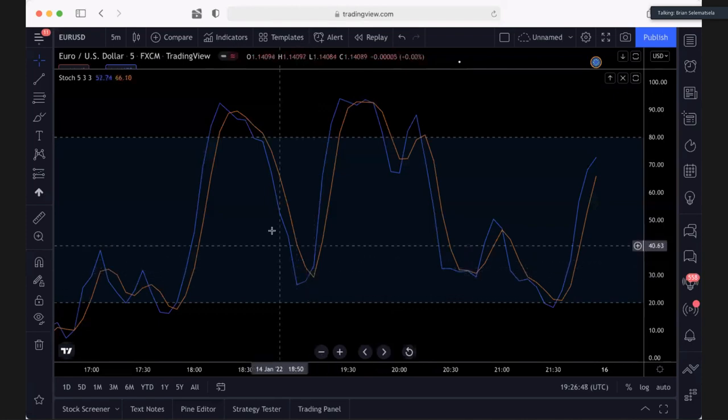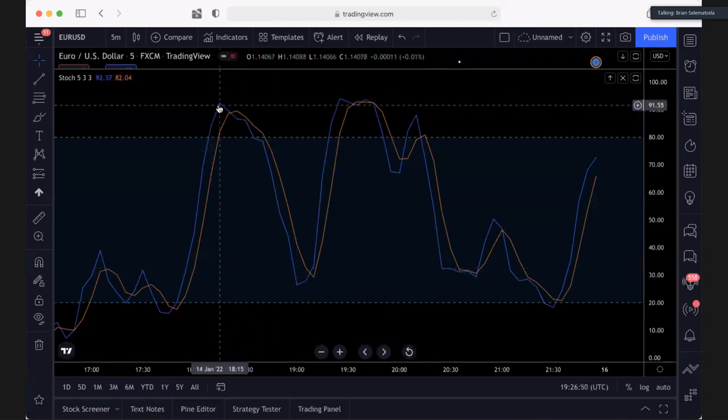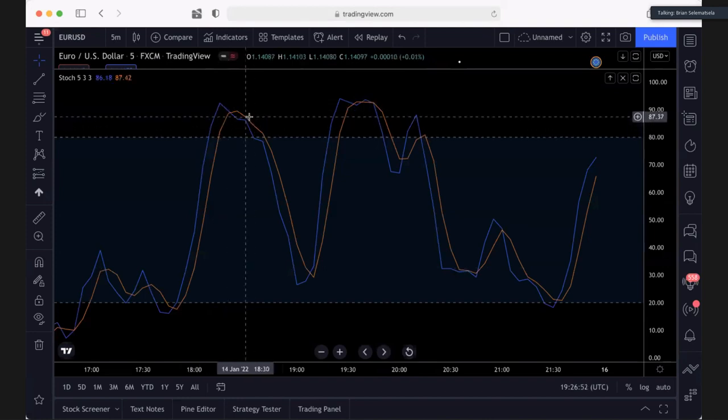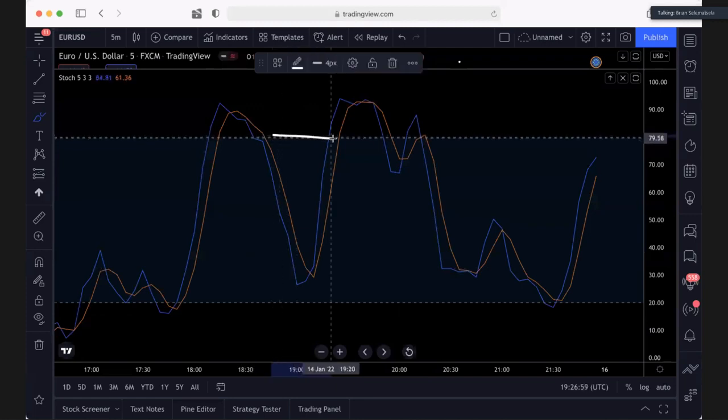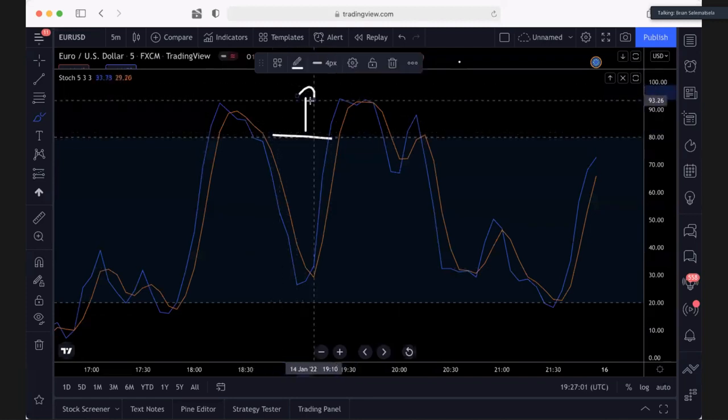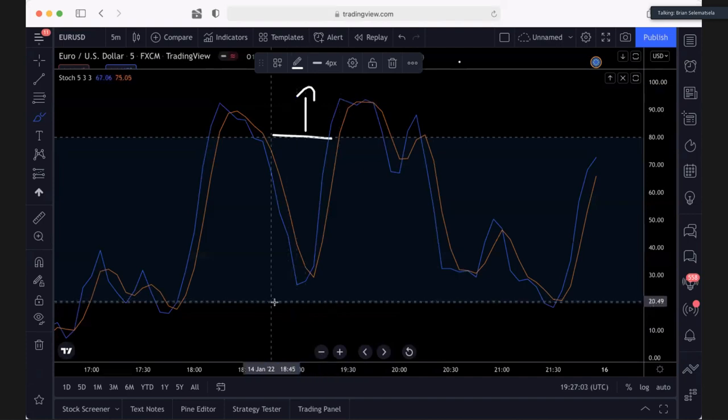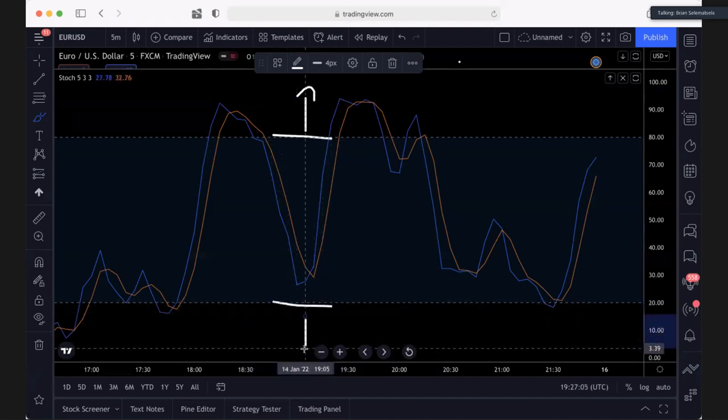We're looking for this crossover actually here, because it is normally at the overbought. So overbought, it is from here going up. Oversold, it is from here going down.